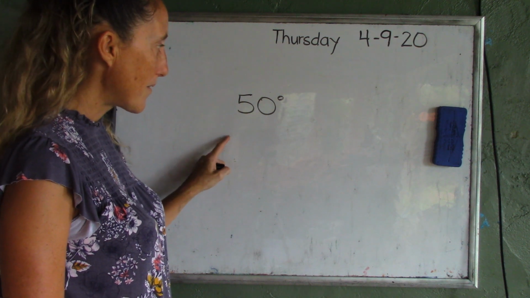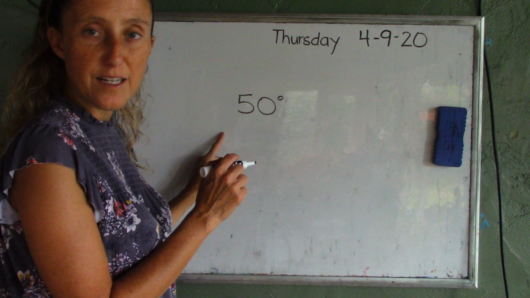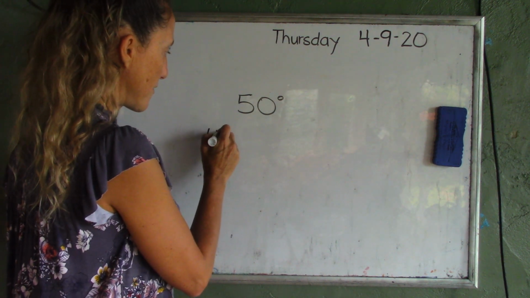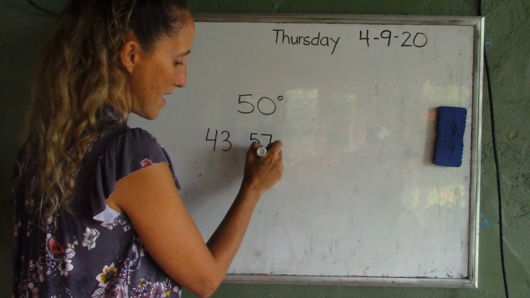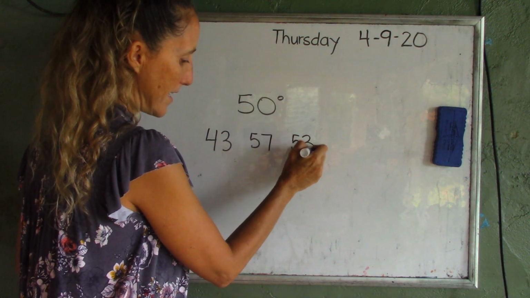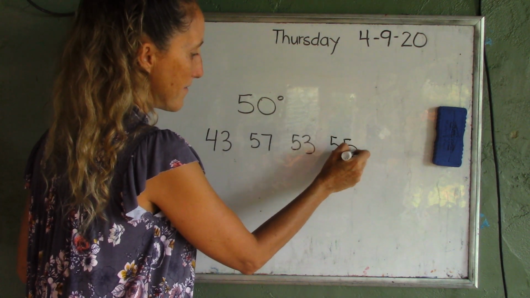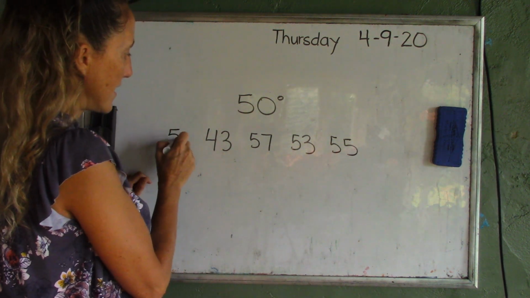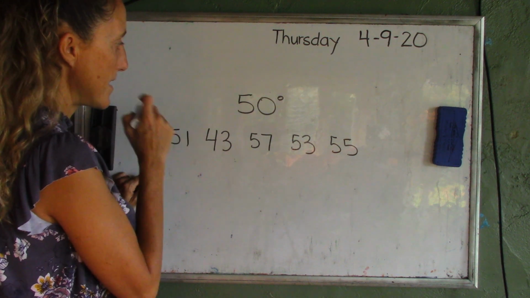Well, the question here is, I'm going to write some other temperatures, some other degrees up here, like 43 and 57 and 53 and 55, and I'm going to come over here 51.